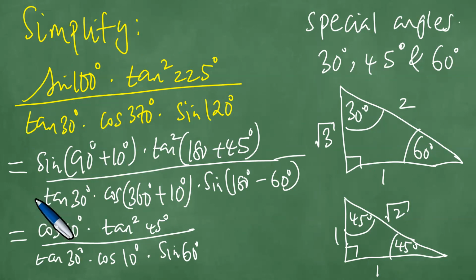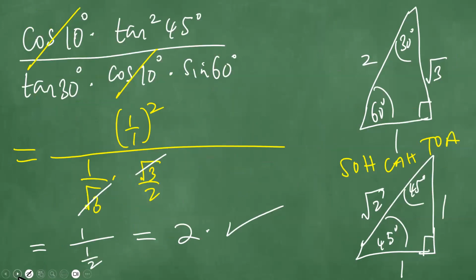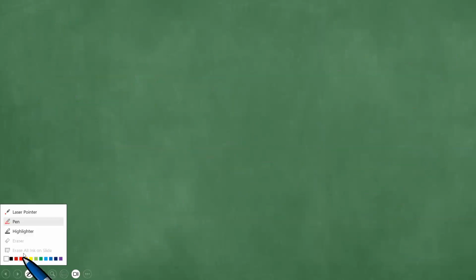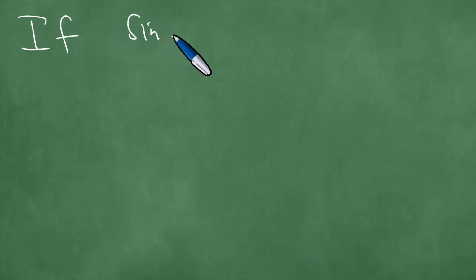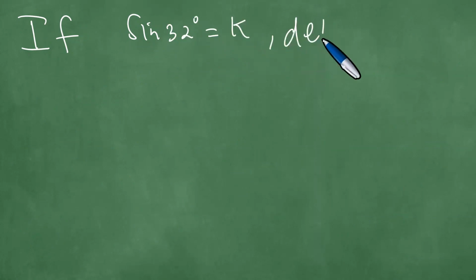More trigonometry. At this point, we are interested in saying if the sine of 32 degrees equals k, determine the following.